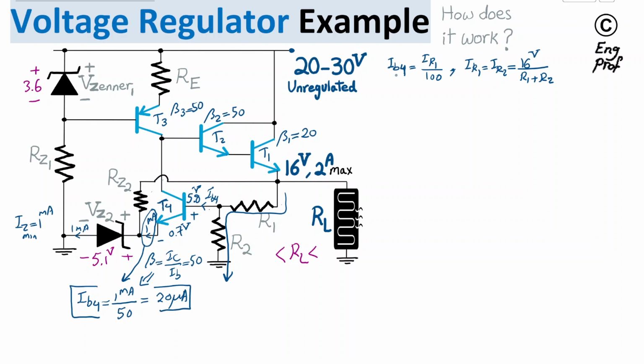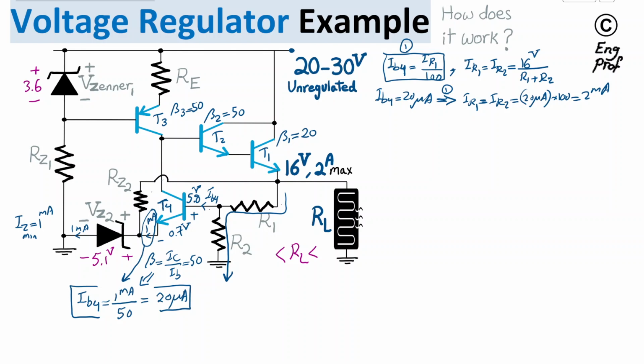Now I want IR1 to be 100 times that. Given that IB4 is 20 microamp, based on this equation 1, IR1 equal to IR2 should be 20 microamp times 100, which becomes 2 milliamp.